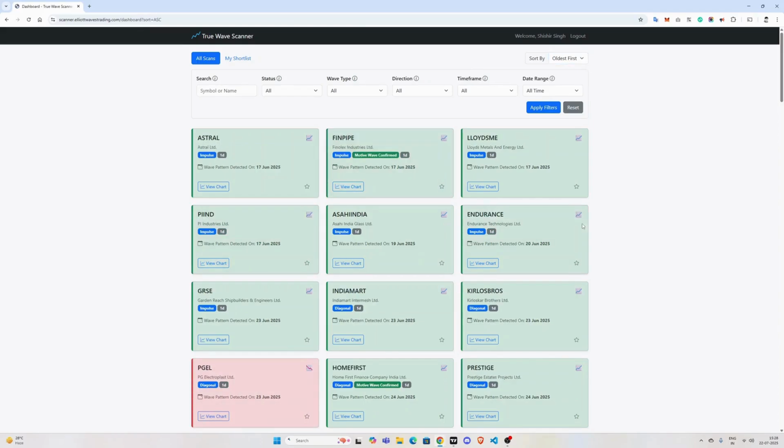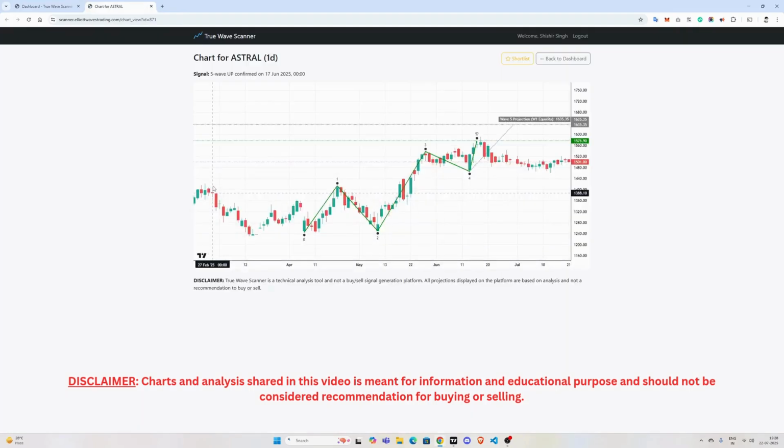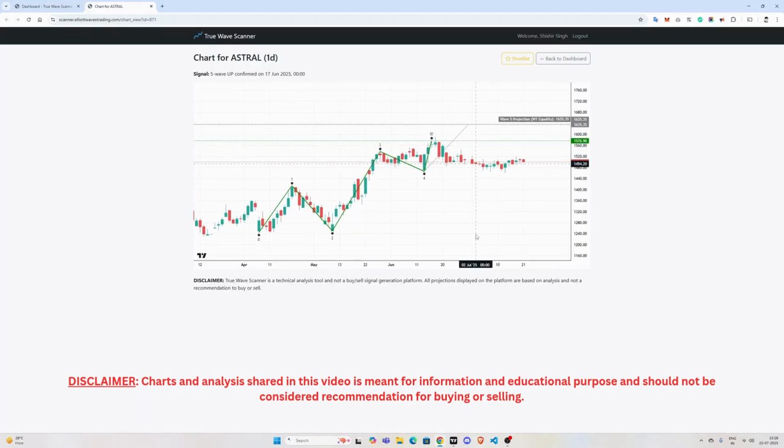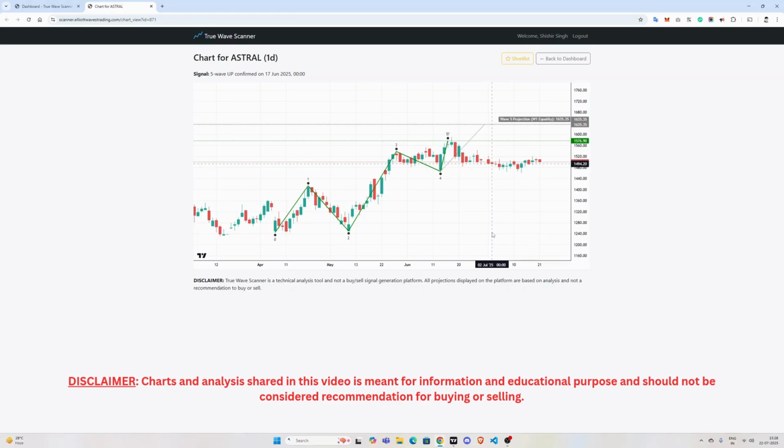Now coming back to how you can use True Wave Scanner to find some Elliott Wave setups, you can just go to this list and click on View Chart. Here you can see True Wave Scanner has identified a 5-wave pattern, 1 2 3 4 5, and the size of wave 5 has been projected here.